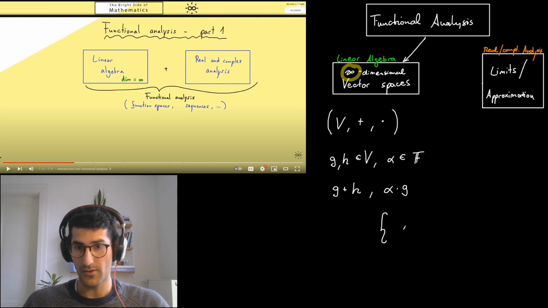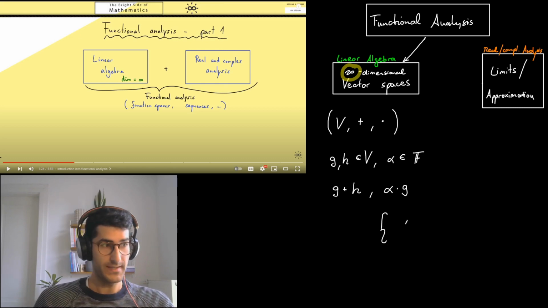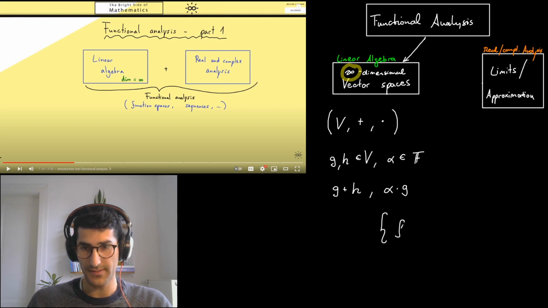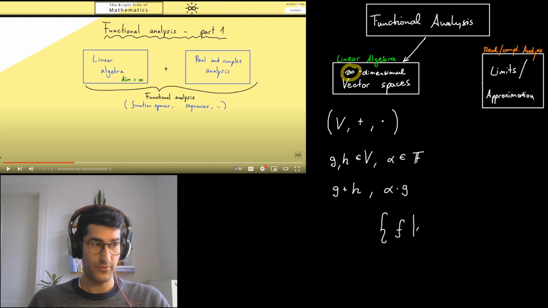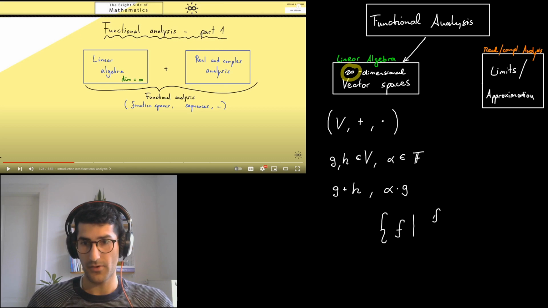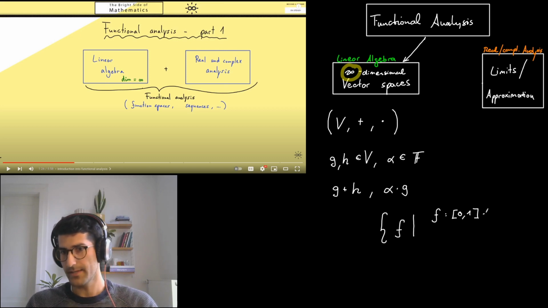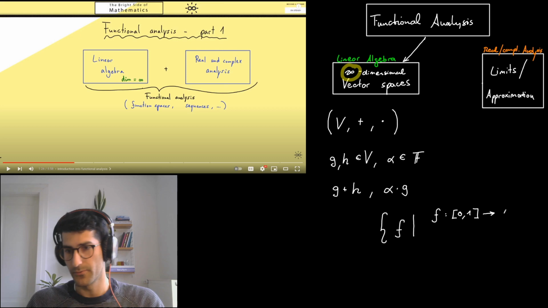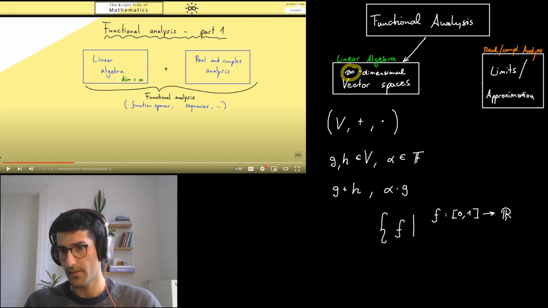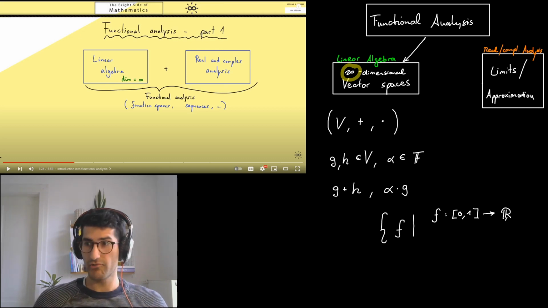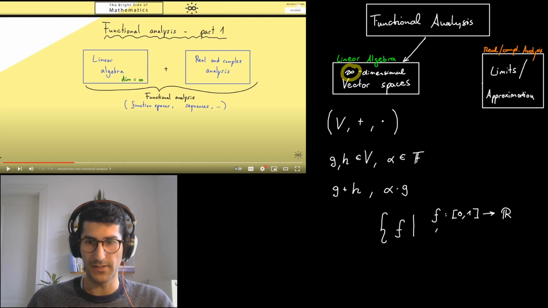We start out by saying that this space should consist of functions f that have the following properties. First of all, they are defined on the unit interval from 0 to 1, and they map to the reals. And we want these functions also to be continuous.